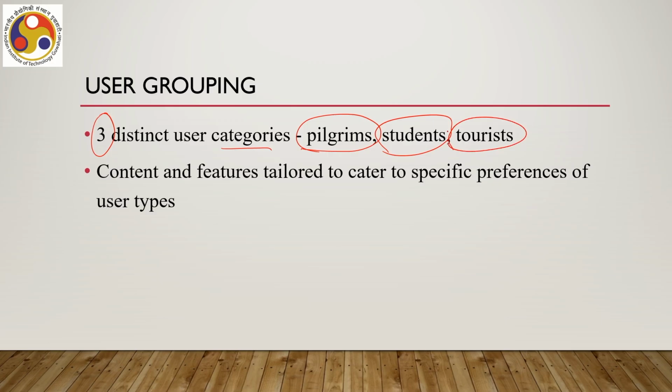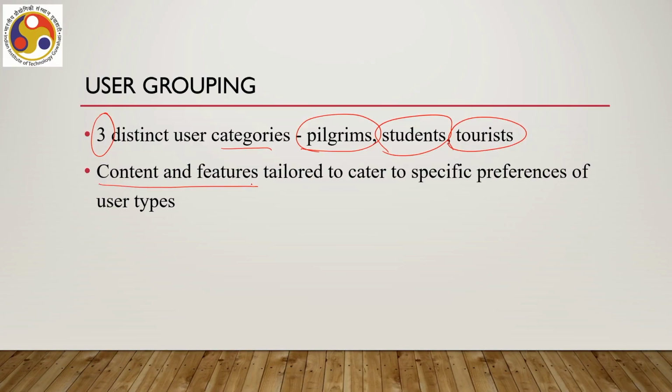As you can see, each group, when I say distinct categories, means each group has their own preferences for visiting the island or exploring the island. So, the content and features of the virtual tour that we have designed were tailored to cater to the specific preferences of the user types, and these preferences we collected through contextual inquiry methods.